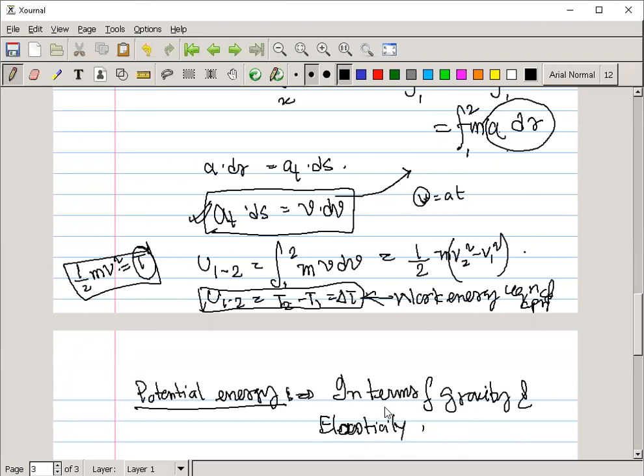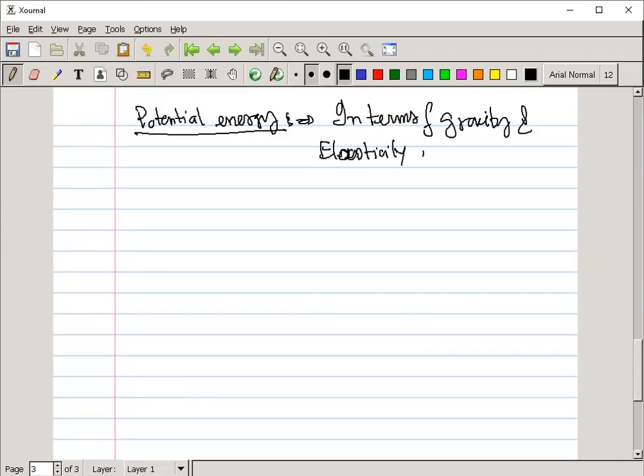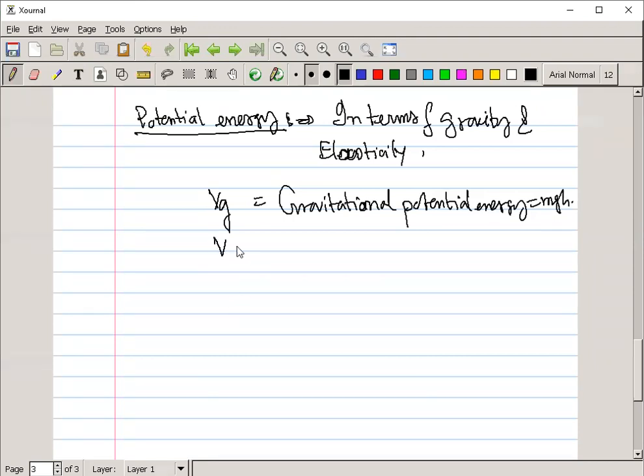If Vg is the gravitational potential energy, mgh, and Ve is the elastic potential energy.